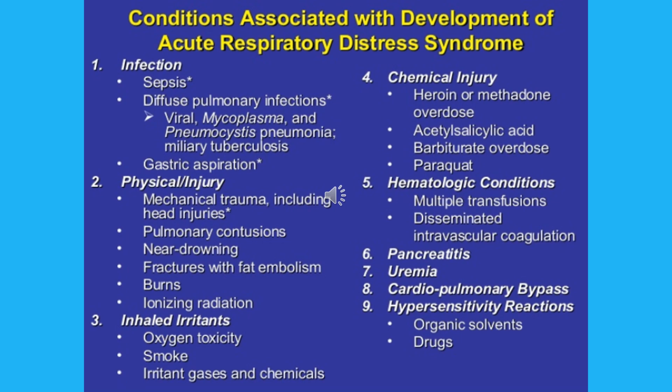This list shows the various conditions associated with the development of ARDS, wherein the ones tagged with an asterisk are the common conditions that give rise to acute lung injury.